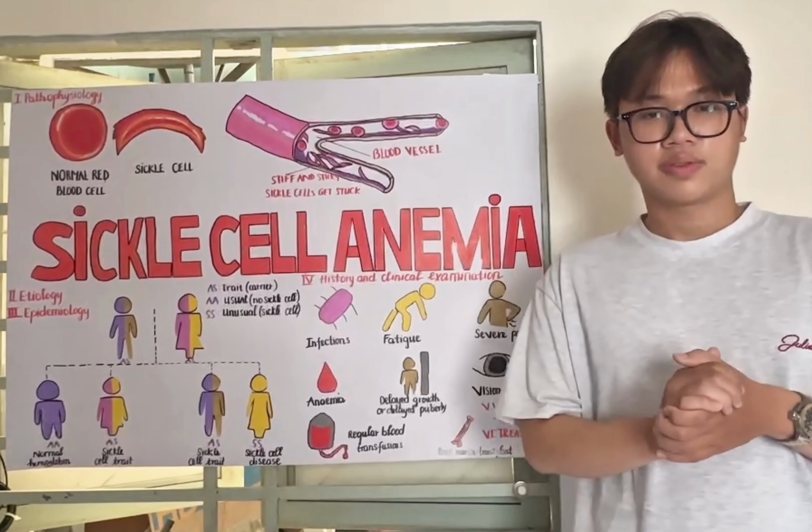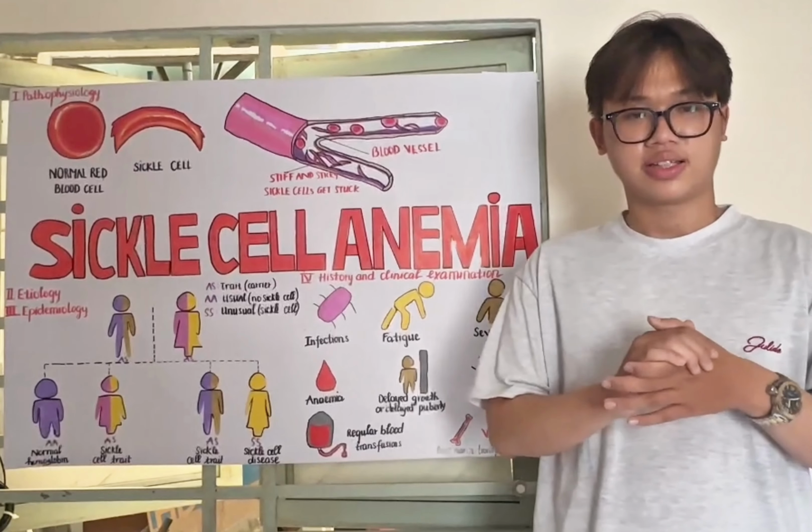Hemoglobin electrophoresis and genetic testing are useful for identifying these variants and related hemoglobinopathies. Moreover, people can also do prenatal and newborn screening.